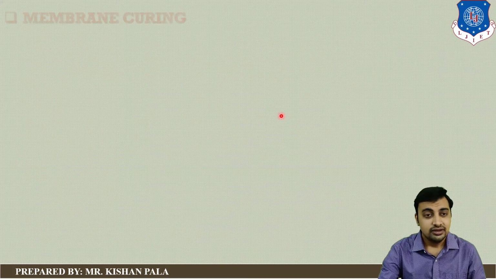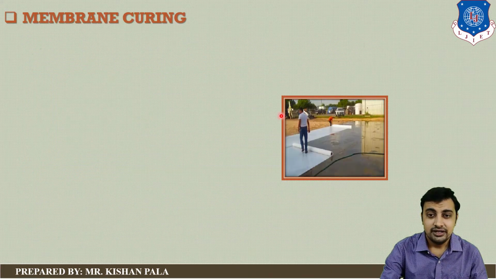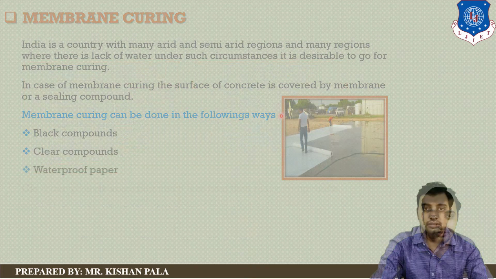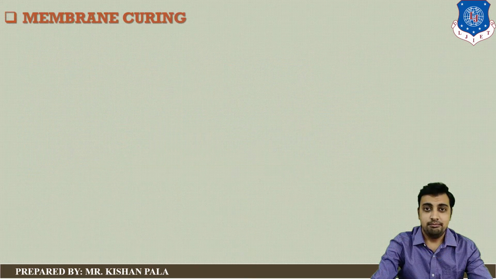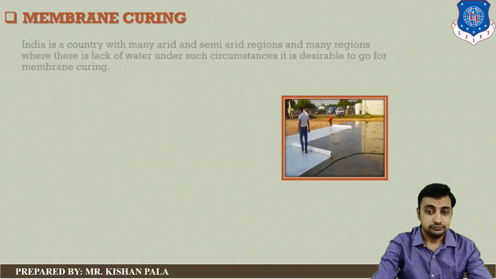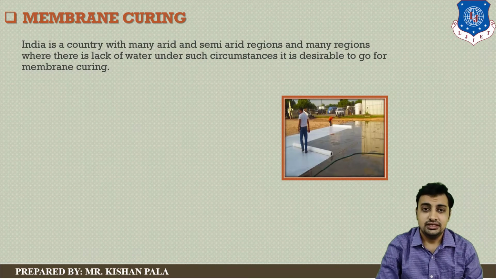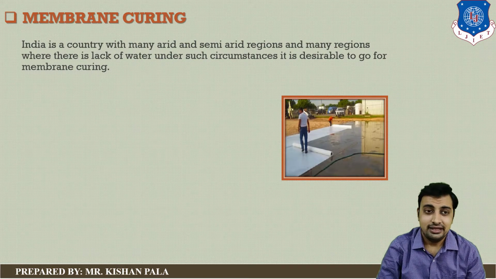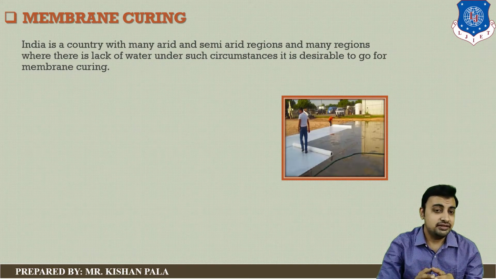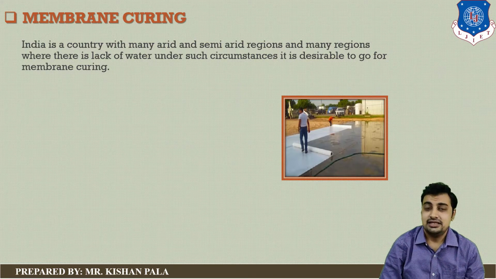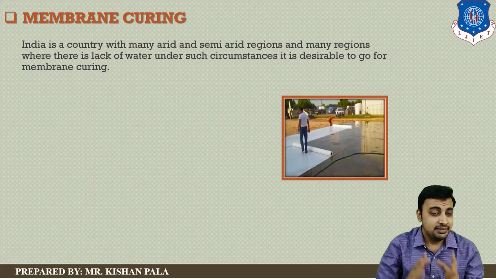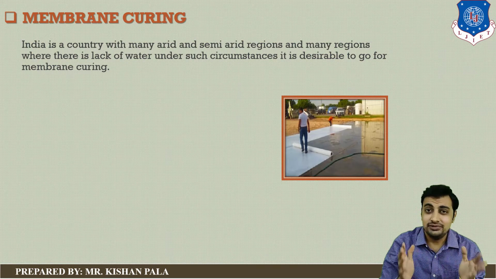Now, let us discuss membrane curing. Membrane curing is developing day by day because India is a country with many arid and semi-arid regions, and many regions where there is a lack of water.